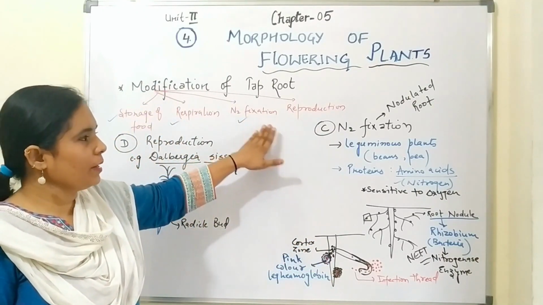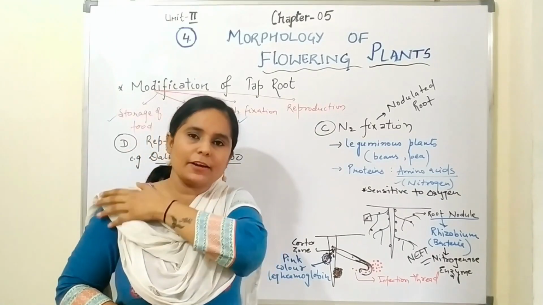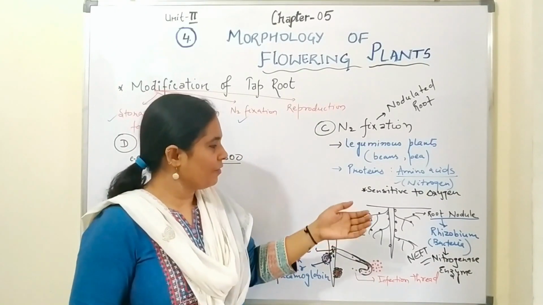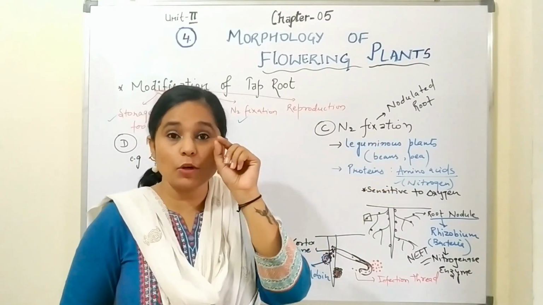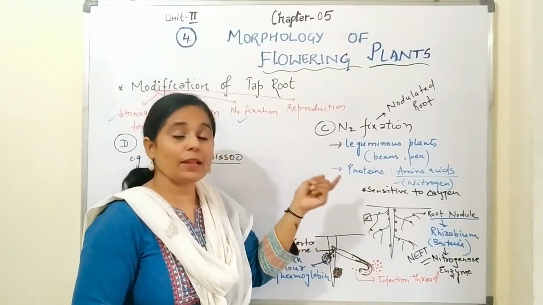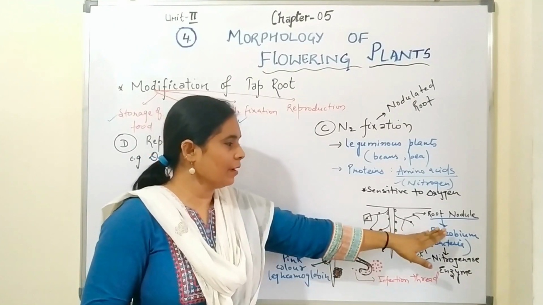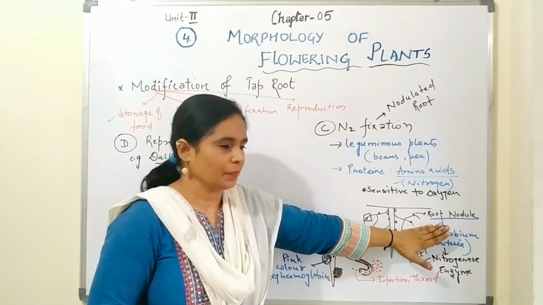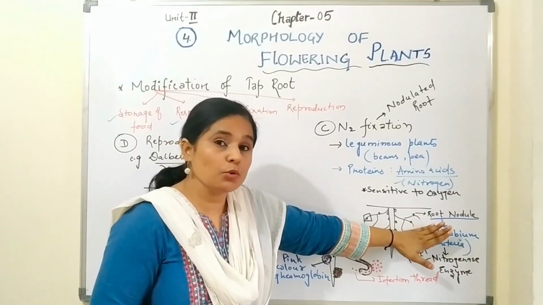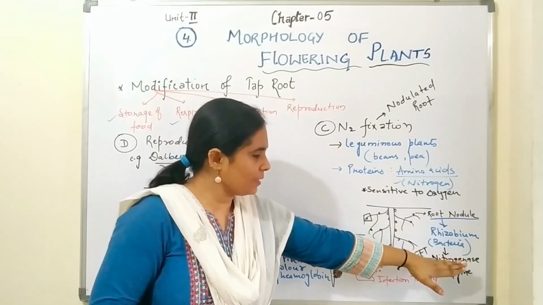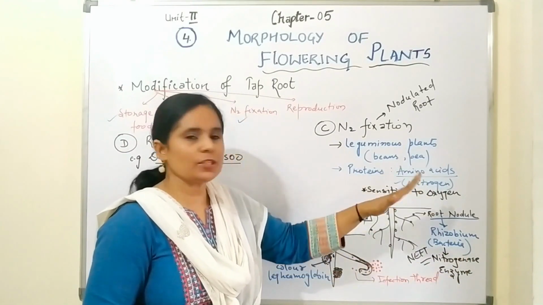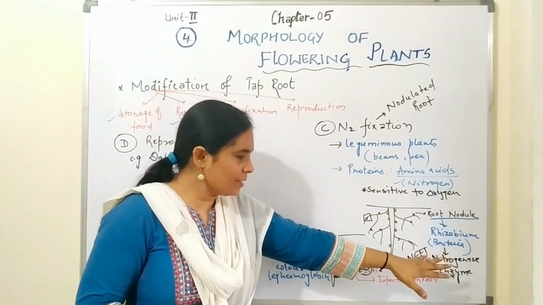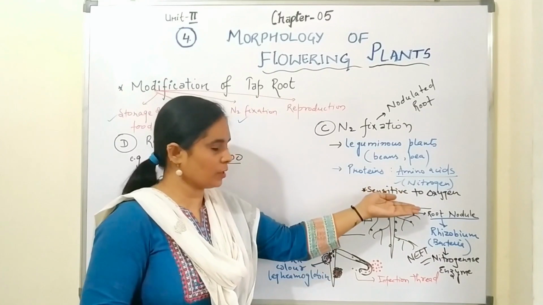Then third one is nitrogen fixation. These kind of nodulated roots you will find in case of leguminous plants. These leguminous plants are having nodules in the roots, and those nodules are having rhizobium bacteria. This is a kind of eubacteria, and these bacteria are having very special enzyme nitrogenase which helps in nitrogen fixation, and these enzymes are very sensitive to oxygen.